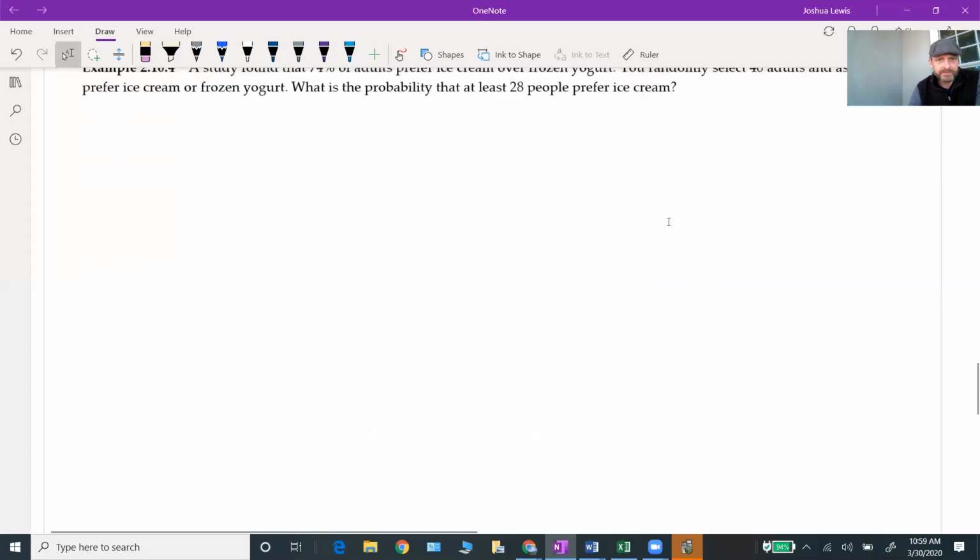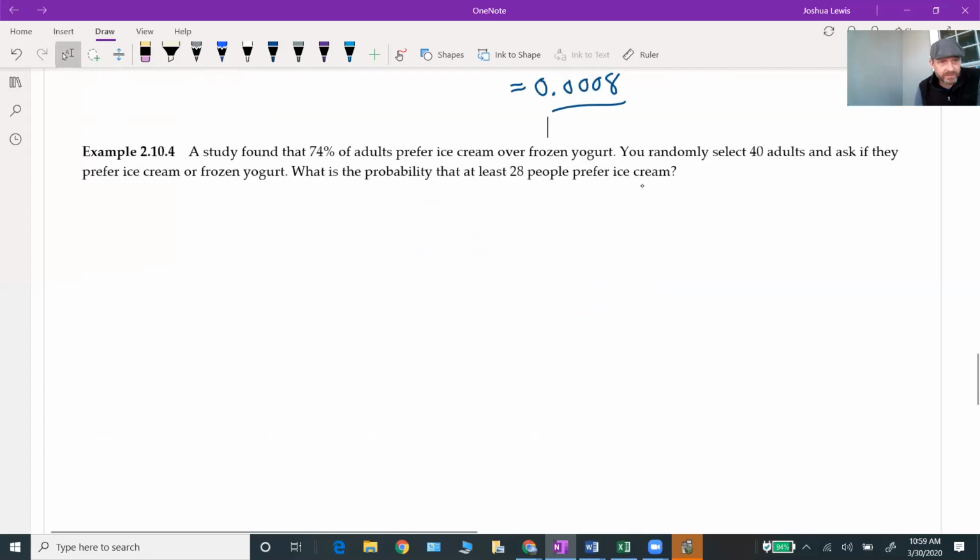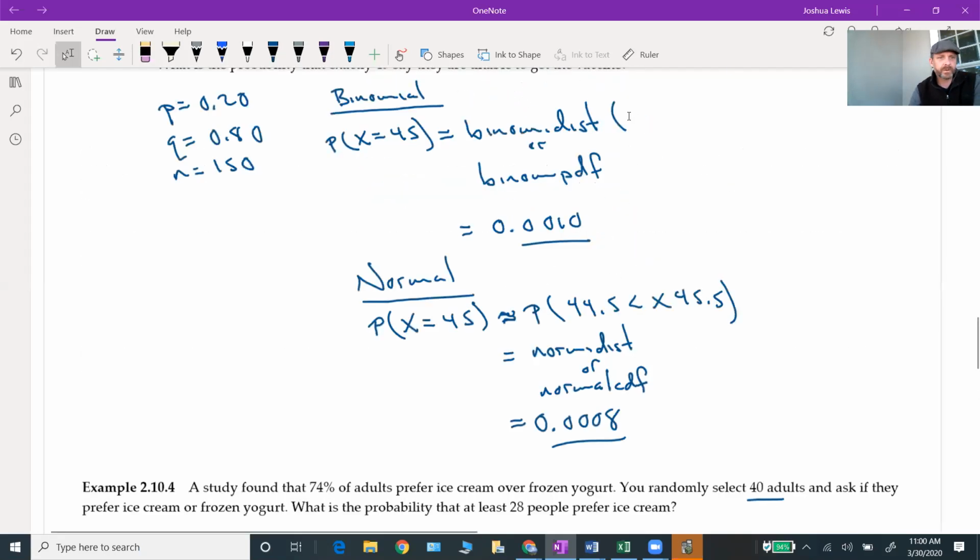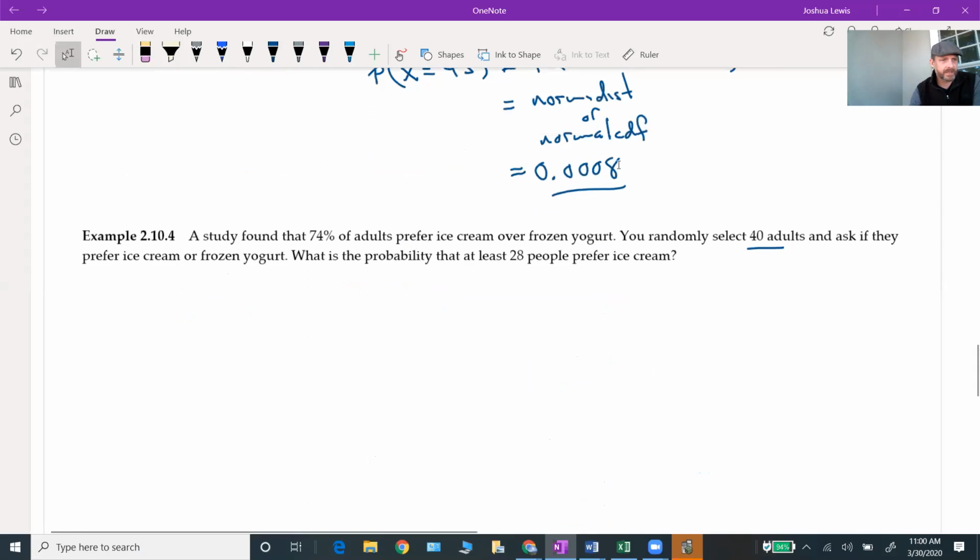A study found that 74% of adults prefer ice cream over frozen yogurt. That's good, some things are still right with the world. You randomly select 40 adults and ask if they prefer ice cream or yogurt. Probability that at least 28 prefer ice cream. Okay, so here, I'm going to use the normal distribution if I can.